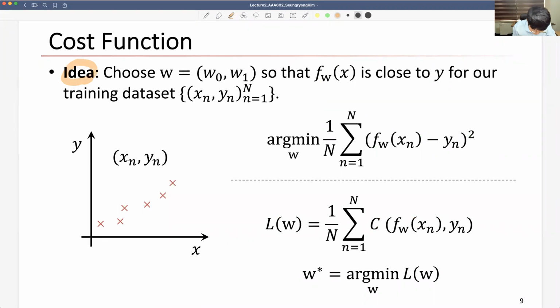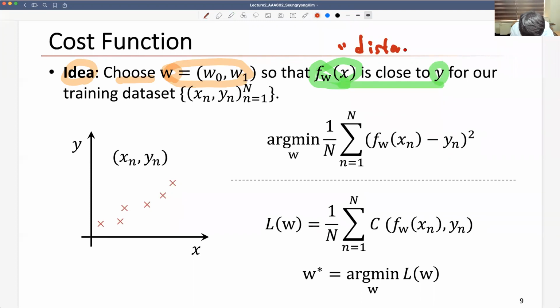Here's the idea. Choose the learnable parameter W so that the output of the mapping function is close to the ground truth output. So it's kind of a distance, right? A distance for our training data set.